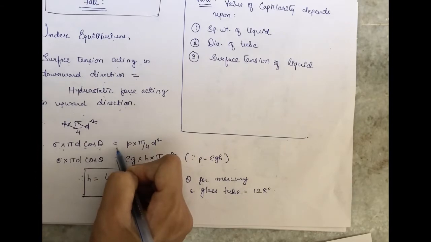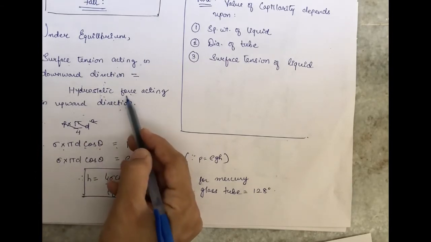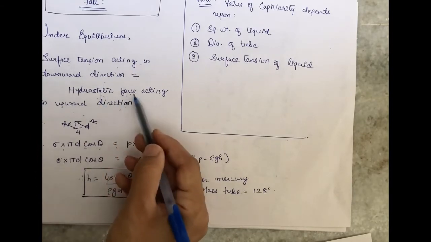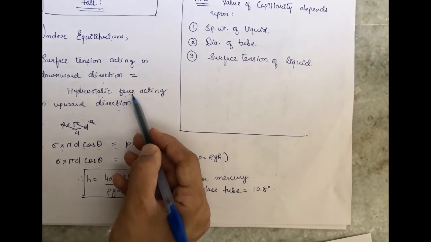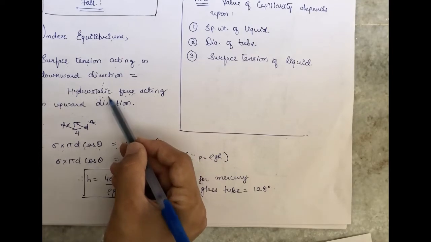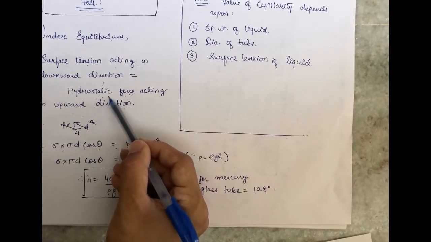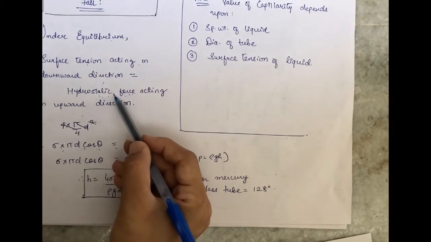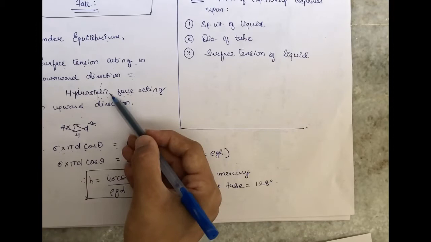Now it is equal to which force? It is equal to the hydrostatic force. Hydrostatic force is nothing but pressure intensity into area. Students, you will learn this in detail in your second chapter, that is static fluids, so it is not required to go into detail right now.